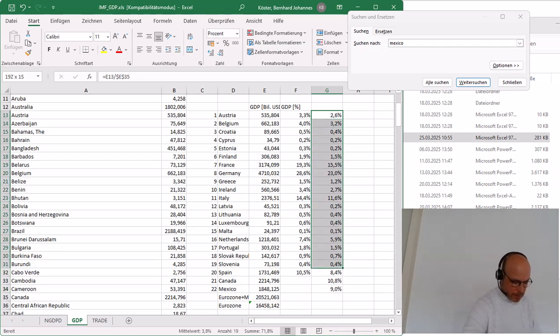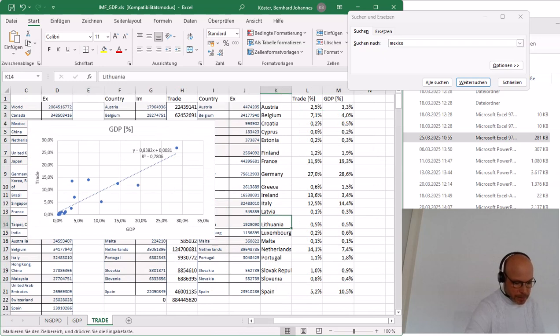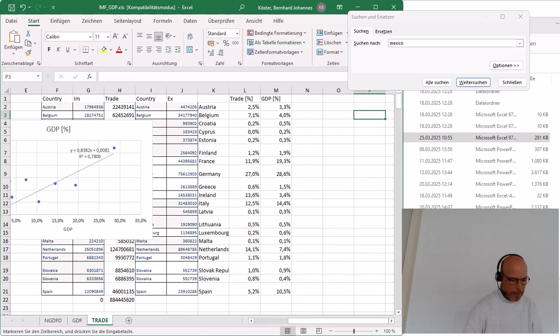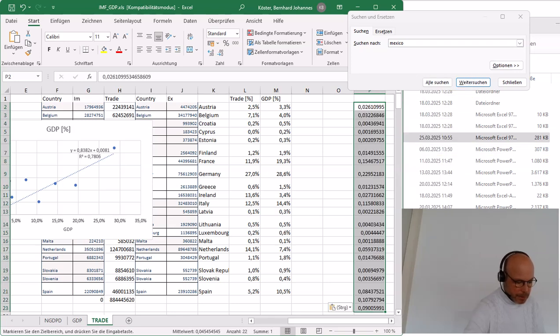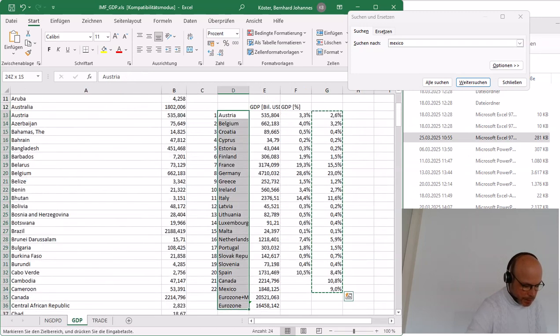So now these would be our numbers for GDP, and now including Mexico and Canada.